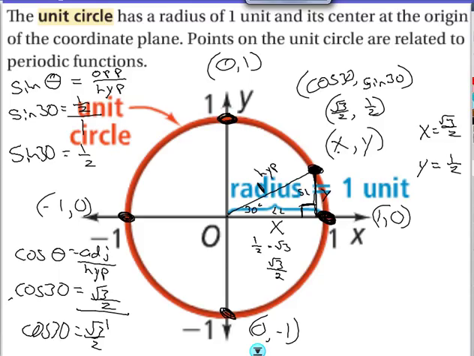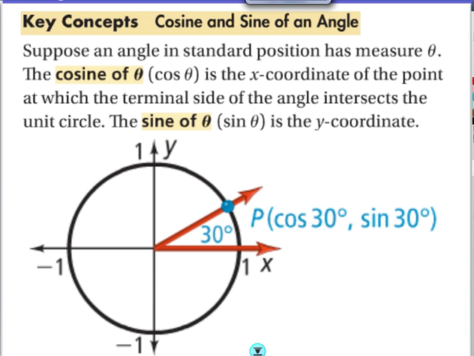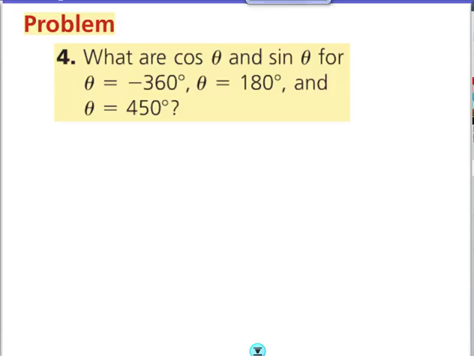Which brings us to the slide that I jumped up to and then jumped away from. If I have an angle, the coordinates of the point are the same as the cosine of the angle and the sine of the angle. You with me on that? So, what are the cosine and sine for theta being negative 360?